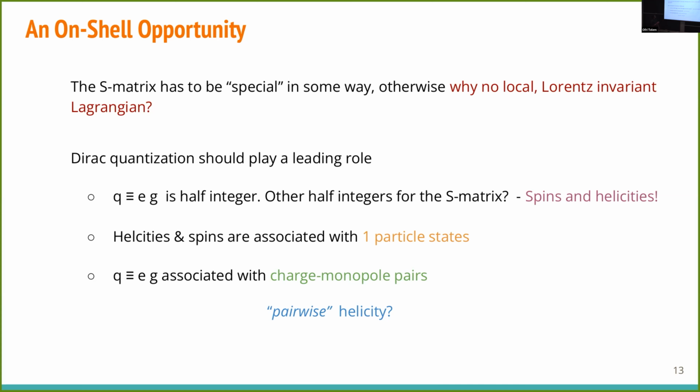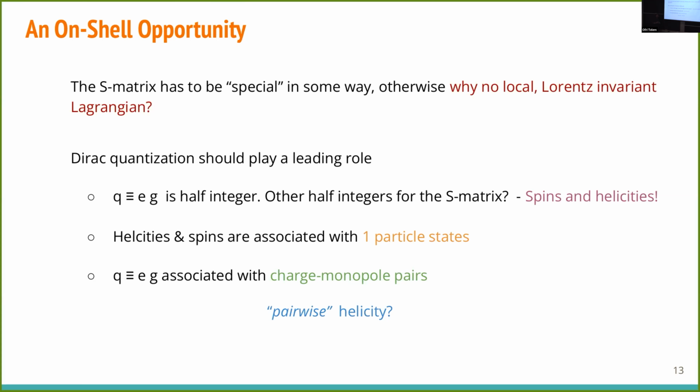So the first thought is that Dirac quantization should play a leading role here, because Q, which is e times g, is half integer. And can we think about other half integers in the construction of the S matrix? Well, these are helicities and spins. So there should be some meaning of the Dirac quantized quantity as an effective helicity.